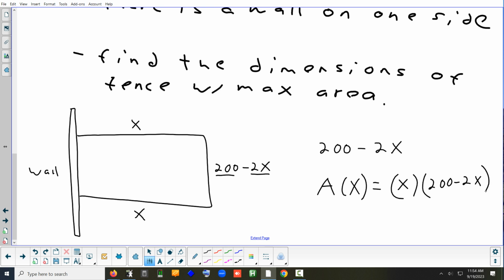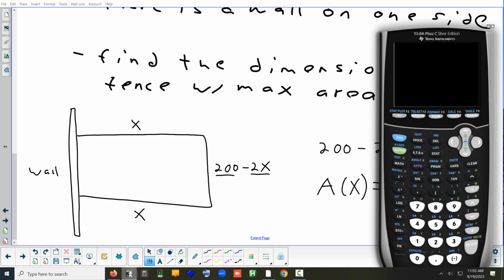So what we're going to do is graph it. When you graph this shape, it's going to be a parabola, and it's going to be reflected, so it opens like this because of that negative. If you were to distribute it out, you'd have 200x minus 2x squared. But you don't have to distribute it out.